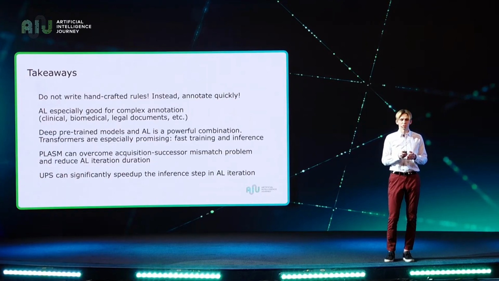On different datasets, we see that state-of-the-art quality can be demonstrated by different models. So for the task of recognizing named entities, Electra demonstrates state-of-the-art results. But for classification, RoBERTa and XLNet are much better. I give the floor back to Artem.